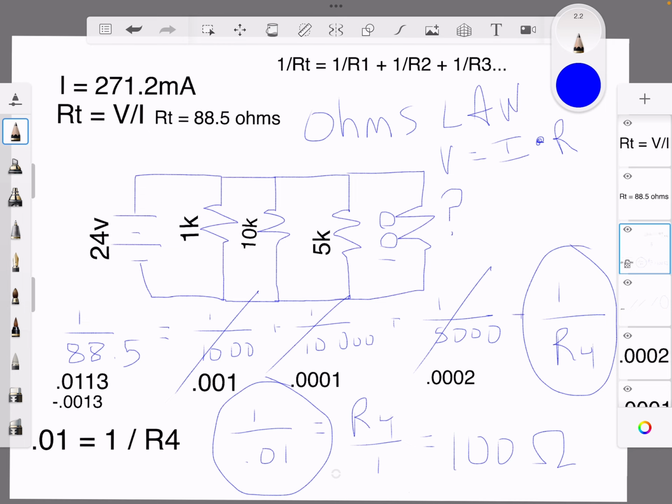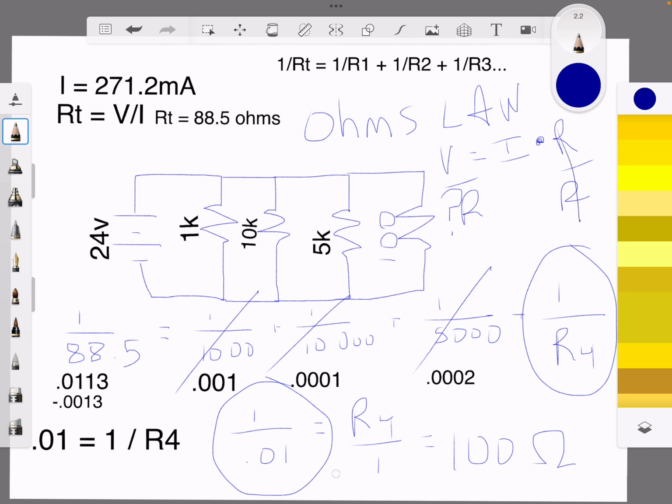If you want to find the current, you divide by R on both sides, and you're left with current equals voltage divided by resistance. If you need to find resistance, that comes out to voltage divided by current equals resistance.